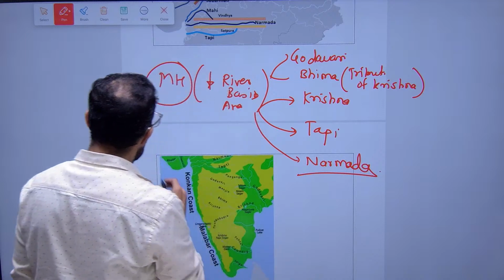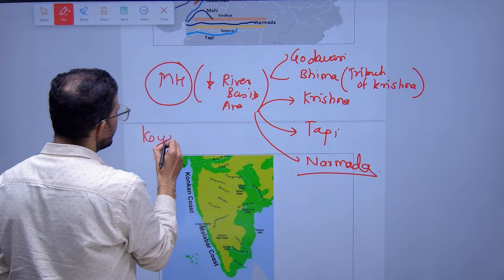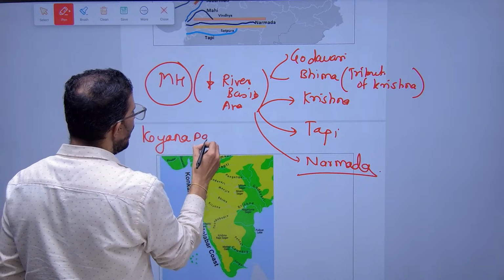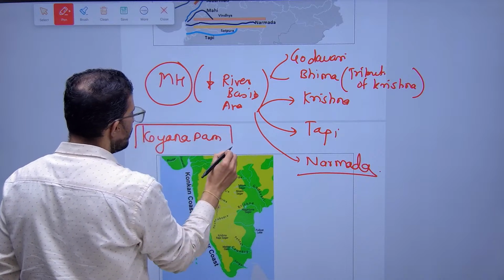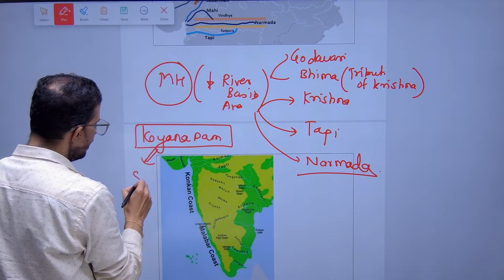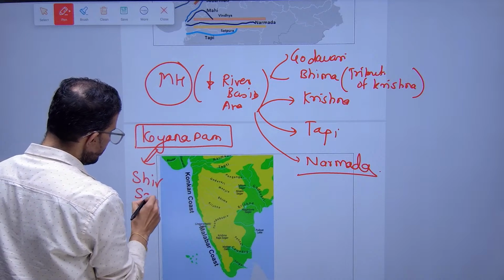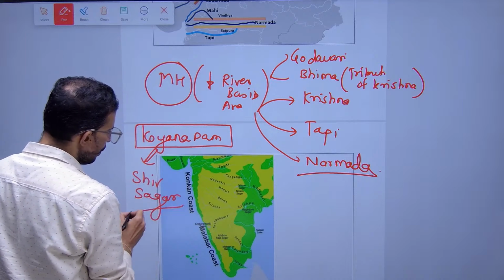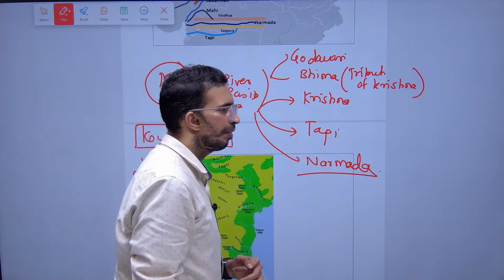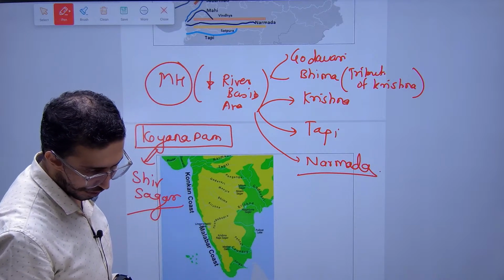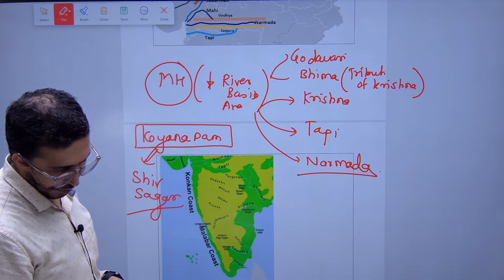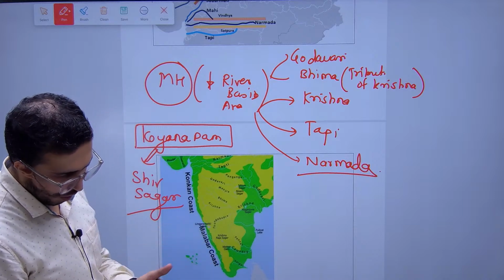In Maharashtra, Koyna Dam is a famous one, and the reservoir is known as the Shivsagar. Yes, Krishna originates in Mahabaleshwar.